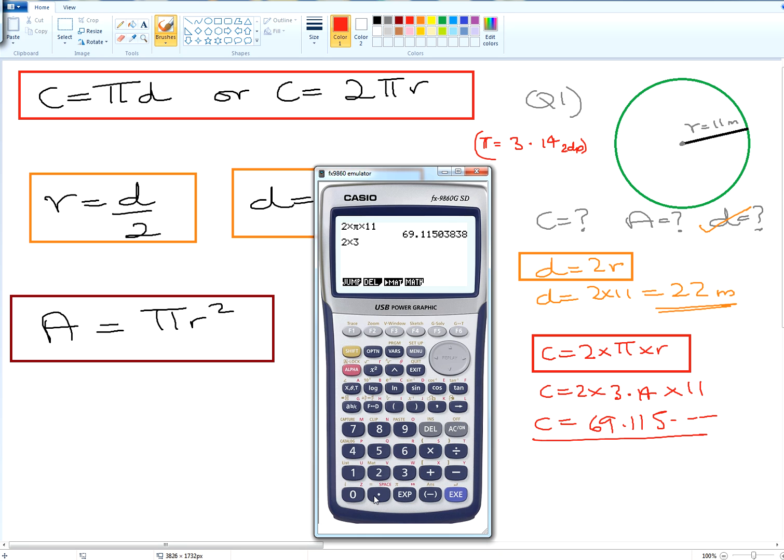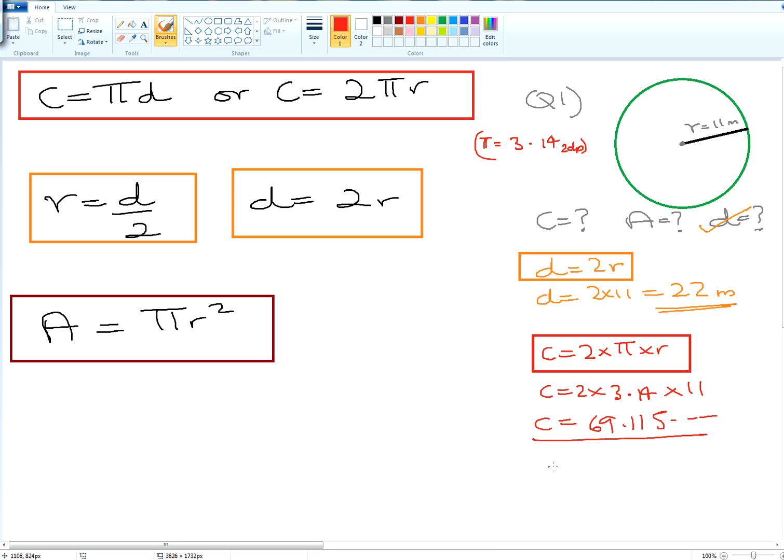2 times 3.14 times 11 equals 69.8. Let's have a look at these two values. This one is done using the 3.14 value. This one here is using the pi button on the calculator.